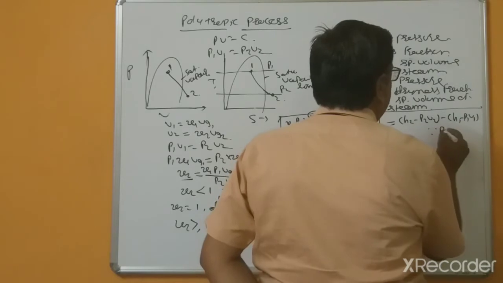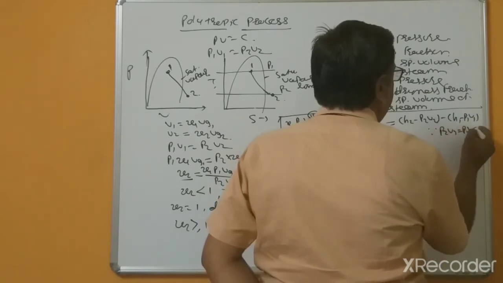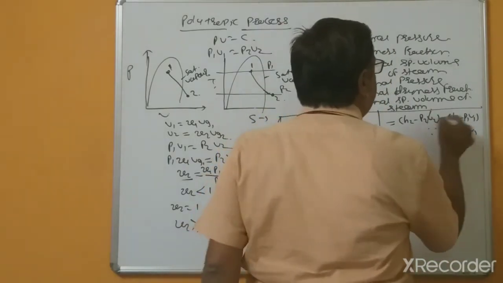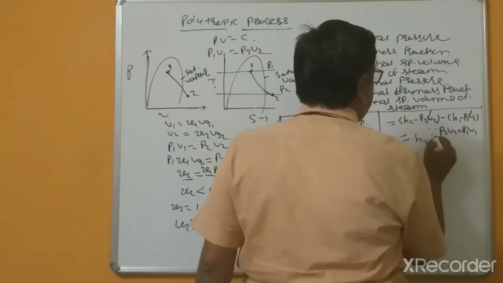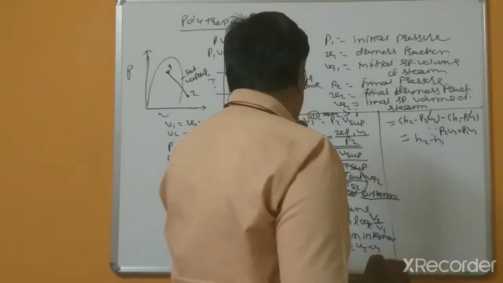But since P2 V2 equals P1 V1, that will cancel and you will get H2 minus H1.